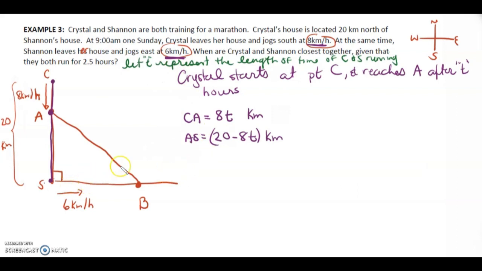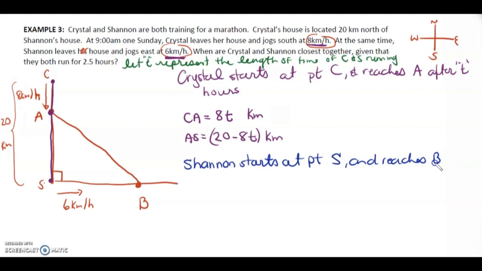So Shannon starts at point S. You can write that down if you want. Shannon starts at point S and reaches B after t hours.